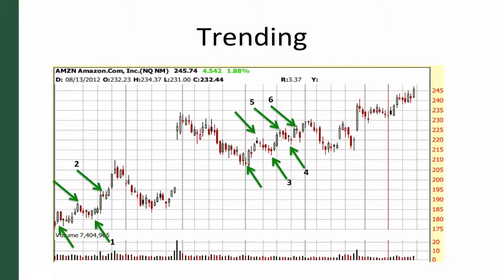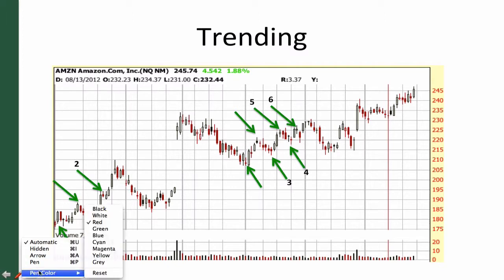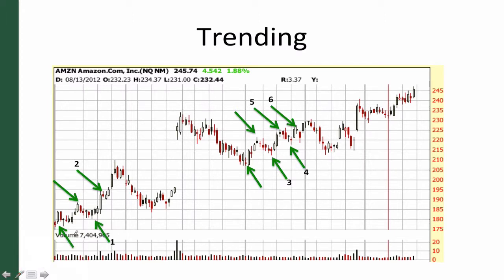For example, if we look at this green arrow right here, that points to the low part of this area, and we see we went up and we came back down, and the low of that area was higher. That was a higher low. And also, if we go from this point, we get to a higher high. This high in this pattern was higher than that point right there.